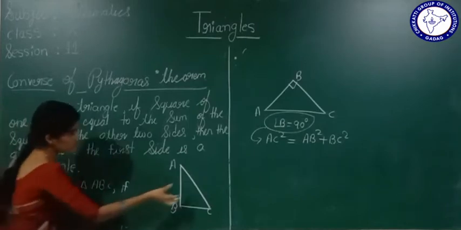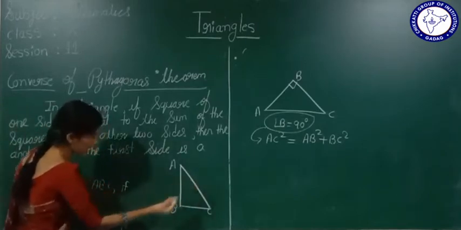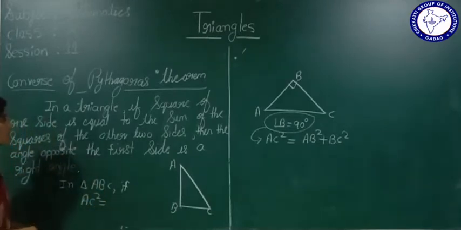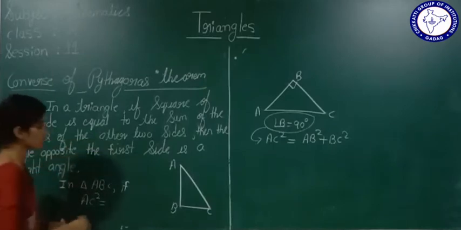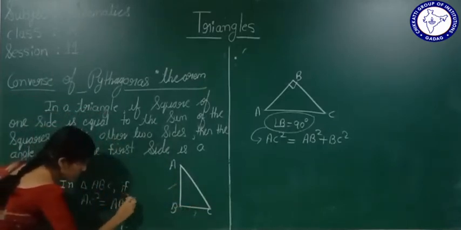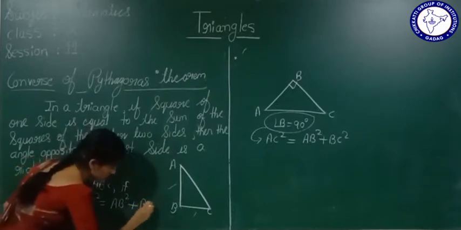ABC, if the square of one side AC square is equal to the sum of the squares of the other two sides. Which are the remaining sides here? That is AB square plus BC square.